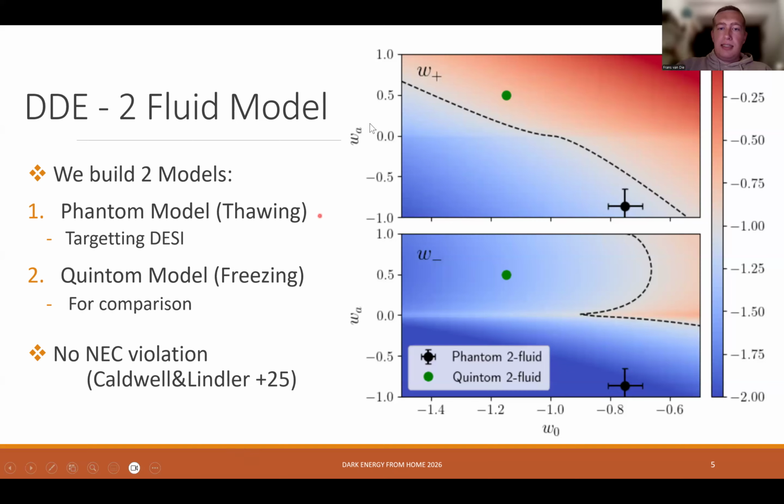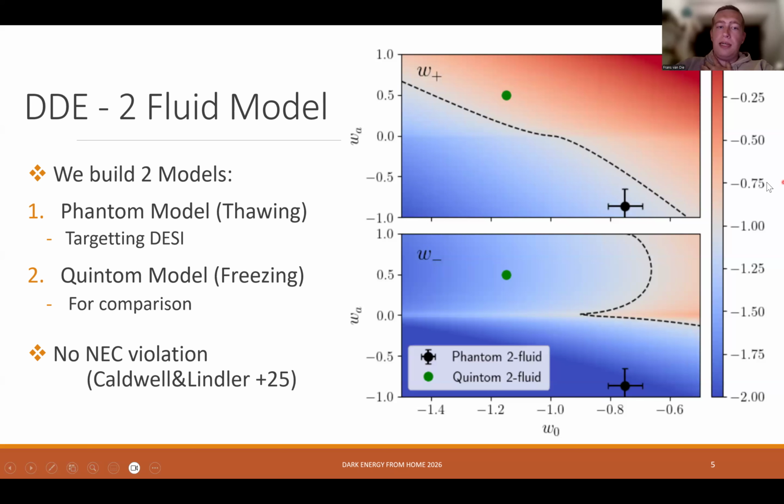Now here on the right hand side, this is schematically depicted, where the CPL parameters are written on the axis, and the equations of state of the two fluids are depicted in the color scheme. In black, we have the DESI model, so the phantom model, where we see that this gives two phantom fluids. And in green, we have the quinta model, which gives one phantom fluid and one quintessence fluid.